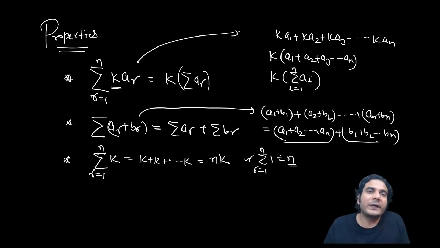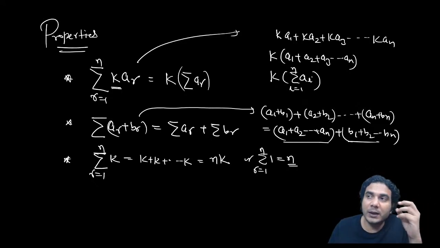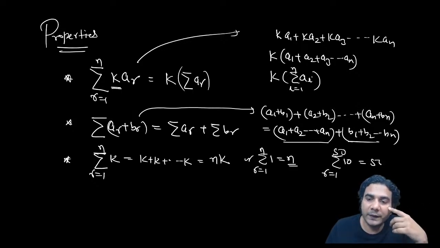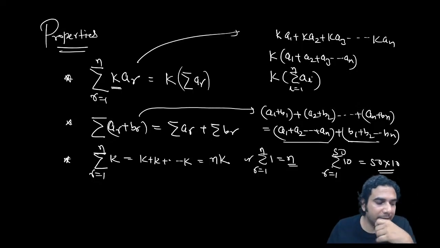If it is sigma of 2, r from 1 to n, then it is 2n. If it is sigma of 3, r from 1 to n, it is 3n. If you have sigma of 10, r from 1 to 50, then it is nothing but 50 into 10. That is the answer. I hope you are getting it.